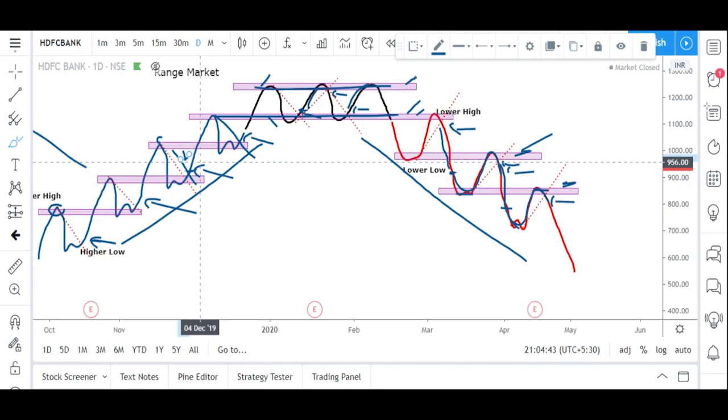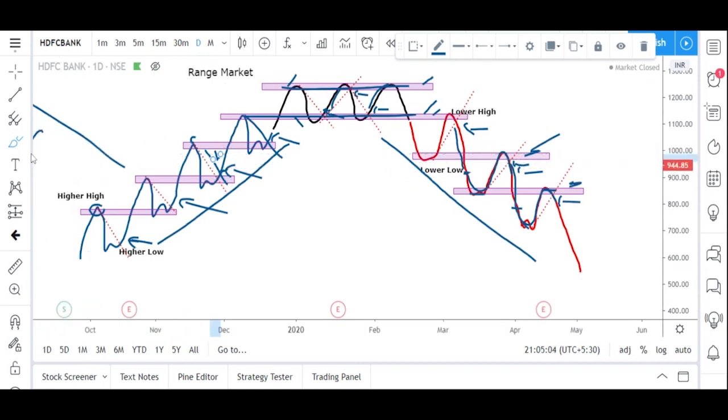As soon as the trend line is broken, we enter the trade, and that's a confirmation to enter into the swing trading. And it will take up to 10 to 15 days maybe, or maybe 20 days, but the profits will be high.